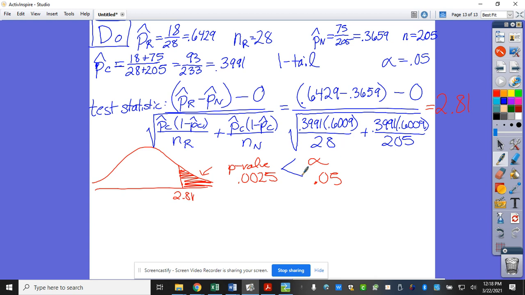We do or do not? Do, and then to some extent have convincing evidence that the proportion of drivers driving red cars too fast is higher than the proportion of people driving non-red cars too fast.